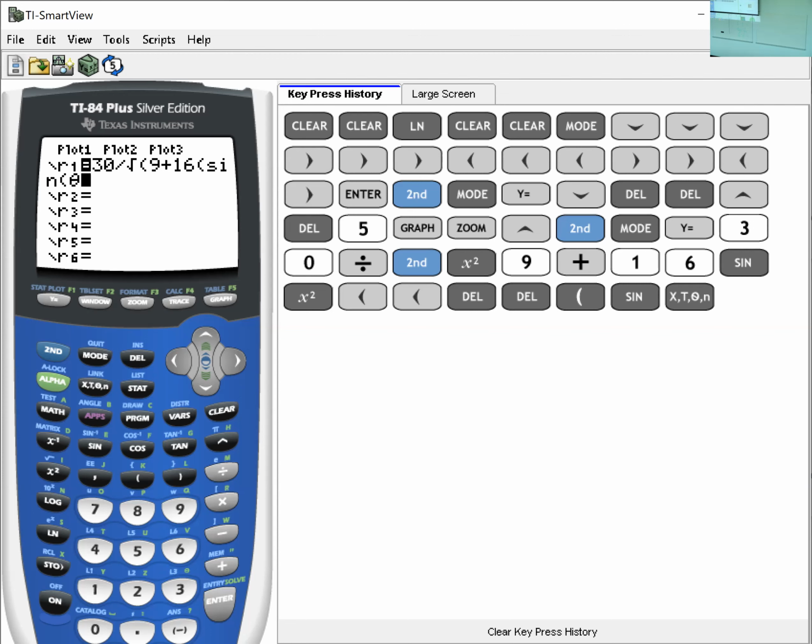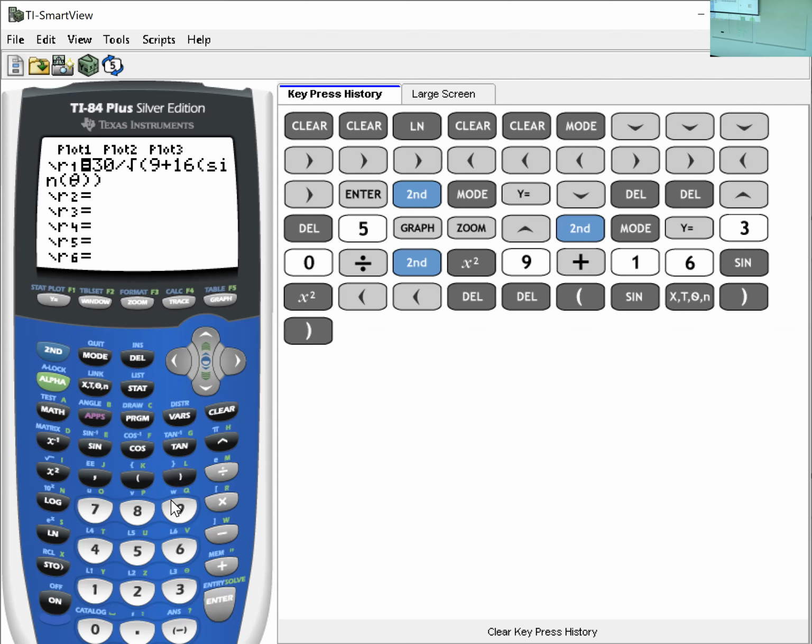It goes back to mode. When I explain modes on this calculator, T will automatically pop up if your calculator is in front of you. Anything you type here will be converted to N if you are in sequential or sequence. So I have sine theta.